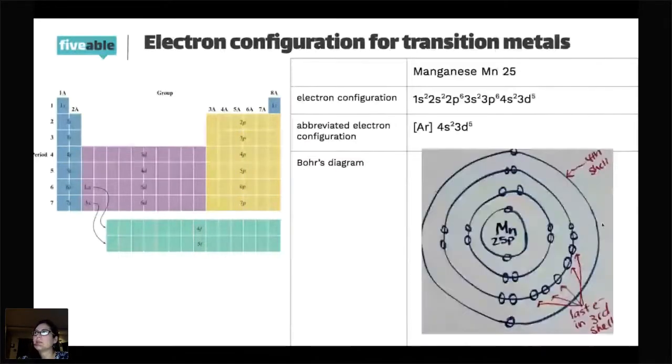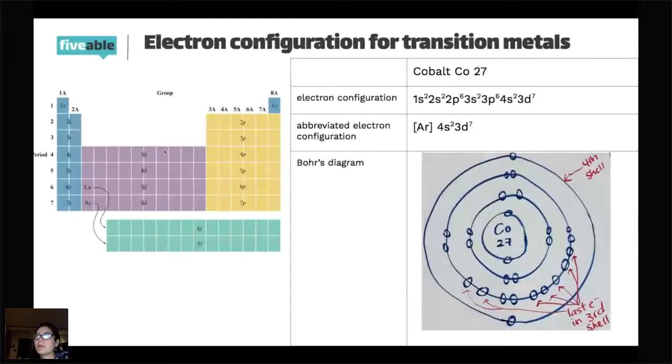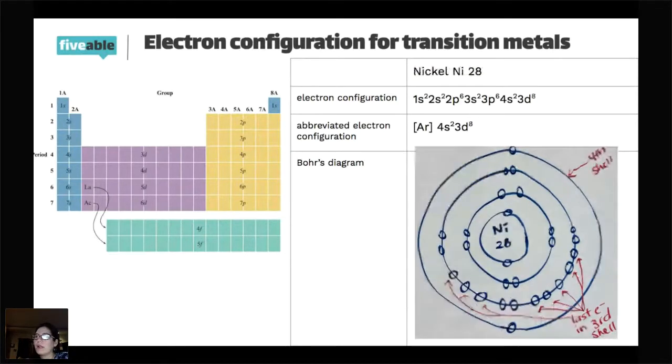Okay, manganese, which the location is here, we will follow the same pattern, placing the last ones on the third shell. Iron, location here, and this is its data. Cobalt, location in here, so we will have 7 3d electrons. Nickel, location here.